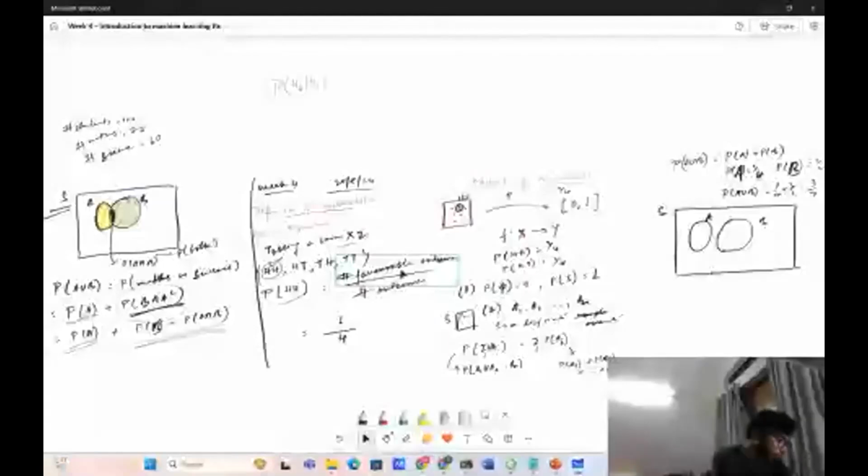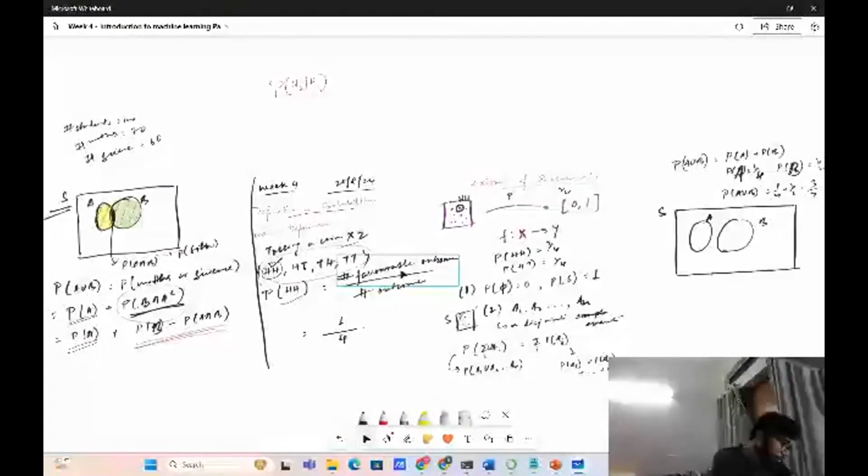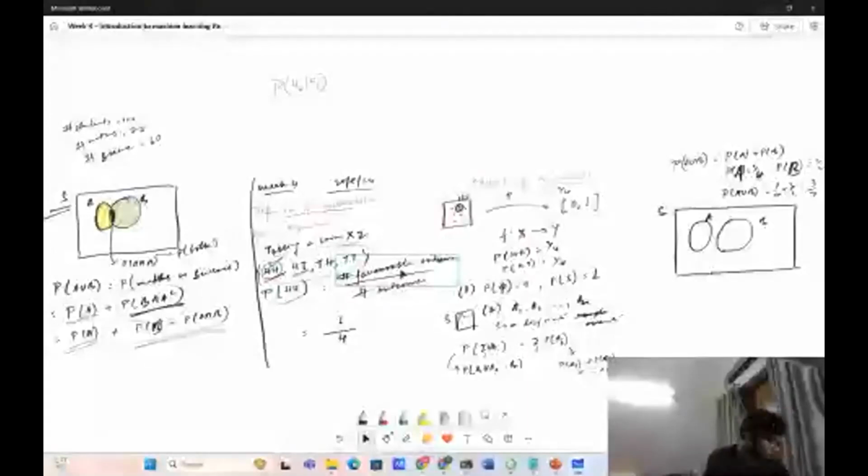So if you see from this sample space, which are the events that show that the first coin is head? This one, and again, this one. These two are the only events which show that the first coin is heads. Now we want to calculate the chances that my second coin will also show heads.